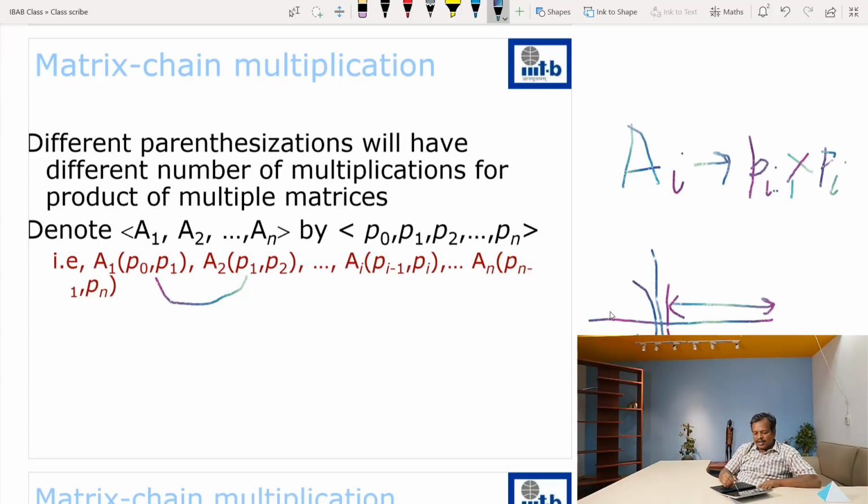So the first part is one matrix, and the rest is from 2 to n.